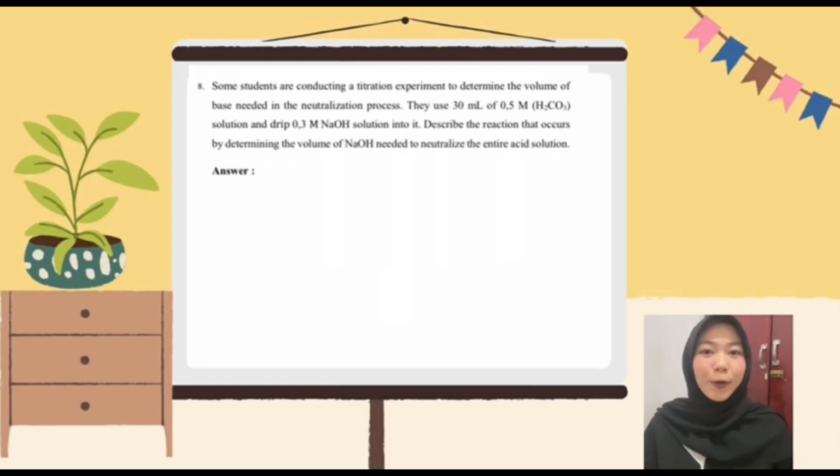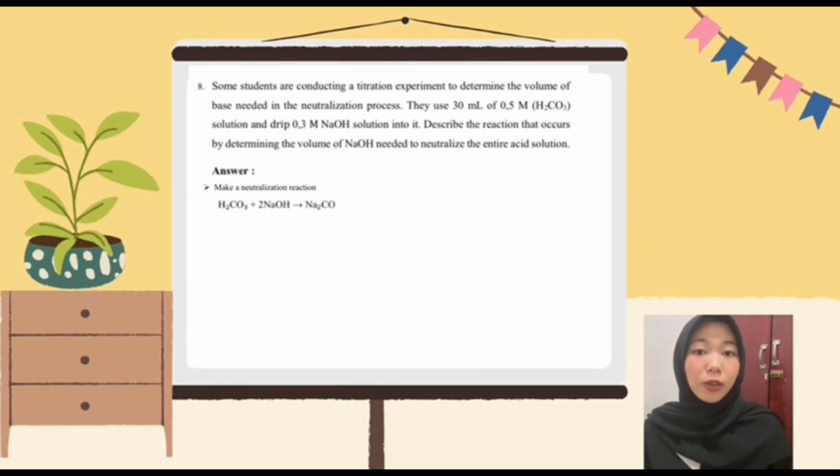Next, number 8. From this question, we first write a neutralization reaction where H2CO3 plus 2 NaOH produces Na2CO3 plus 2H2O. This reaction means that 1 mole of H2CO3 reacts with 2 moles of NaOH.